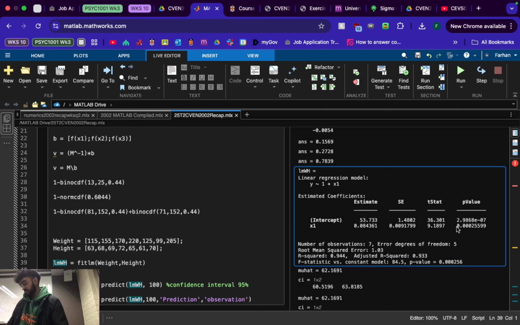Okay, this stuff I think I covered last year. Wait, one second. I haven't touched 2002 since last year, term 2. Forgive me. Test statistic, here it is. And the p-value, you can do it by hand, or you can do it using MATLAB.